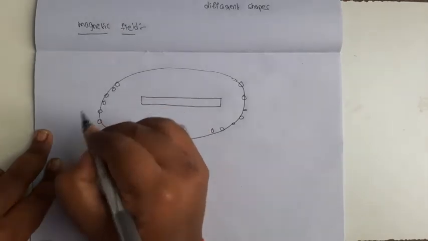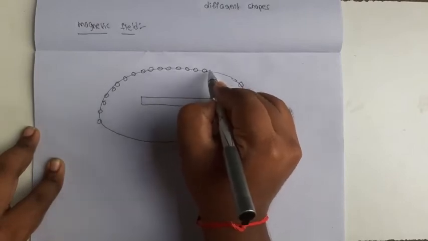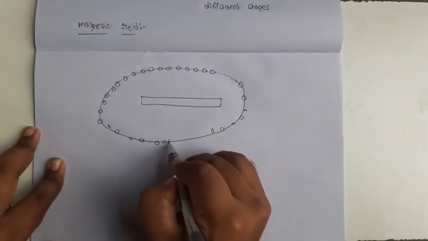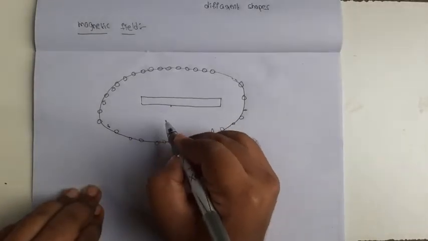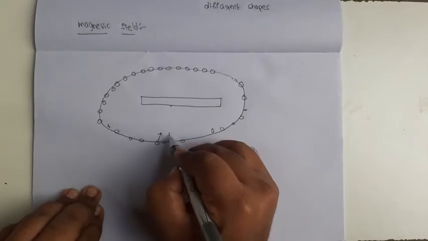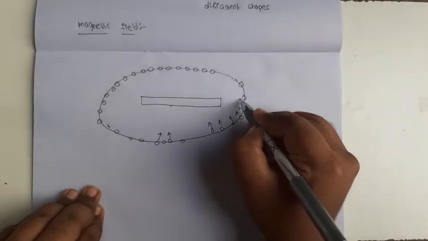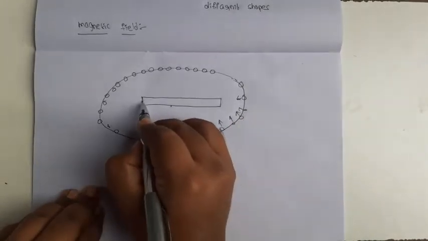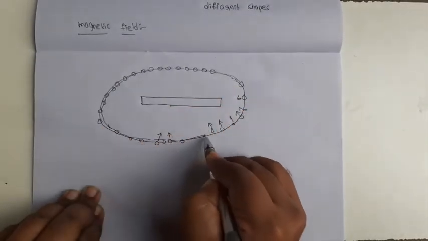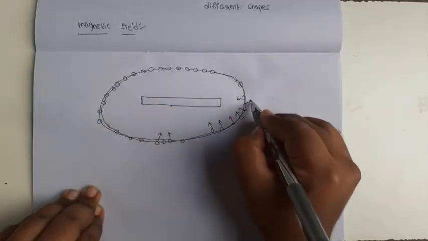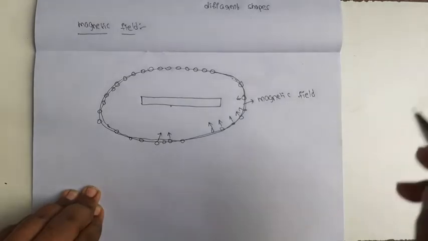Okay, these are all iron particles. Due to the magnet's influence, what happened? These iron particles are attracted towards the magnet. So what we understand is that the influence of the magnet is present only in this area. This area is named the magnetic field.